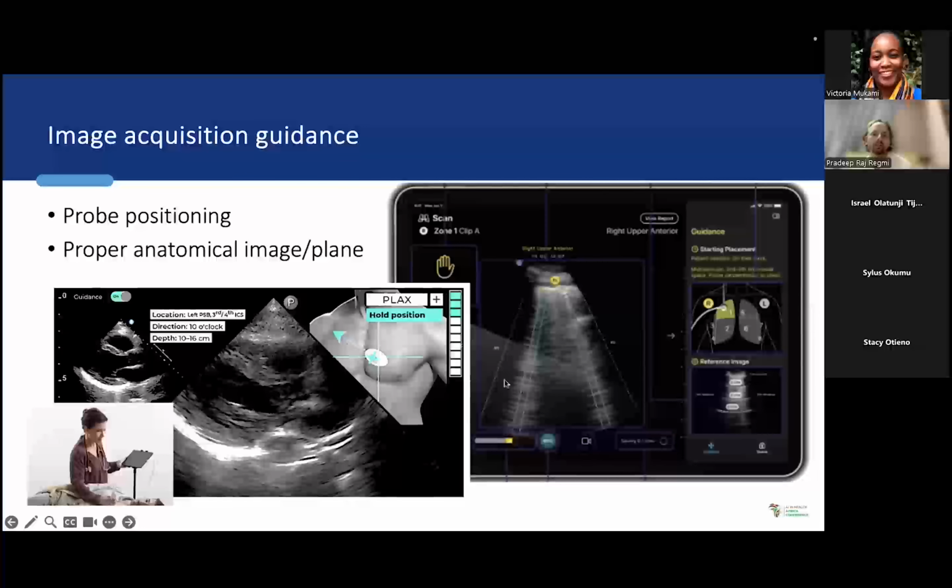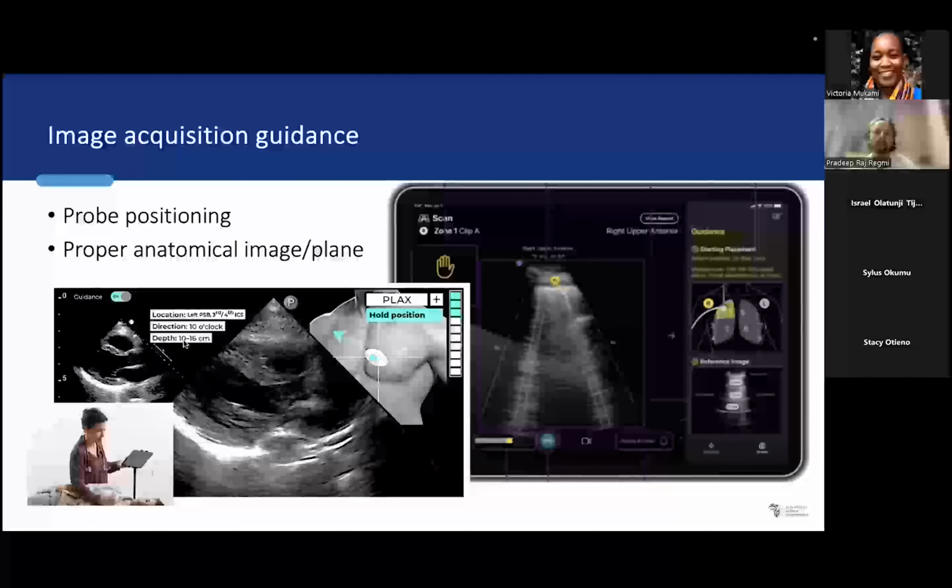While doing the lung ultrasound, the AI can guide the position of the probe, and in this direction, the model can guide where the clinician has to rotate the probe to get the proper imaging anatomical plane. So one is the image acquisition guidance.